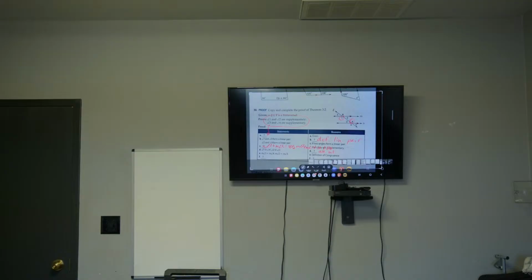Are supplementary. So measure of angle 1 plus the measure of angle 2 equals 180, right? So they're supplementary. We'll do the same thing for 3 and 4, but what lets us do that?